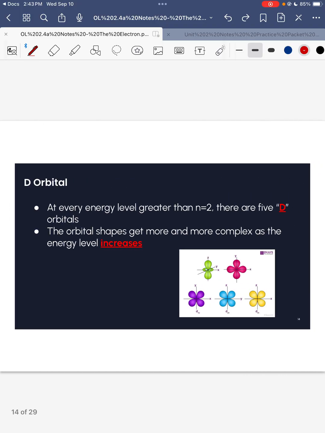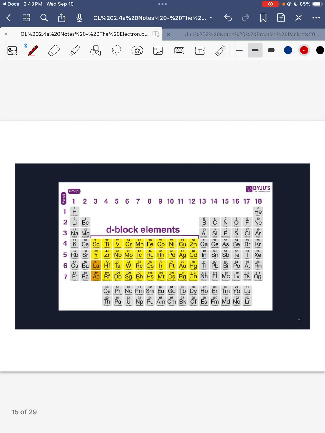Next, we have the d orbitals, and this is where we start to get a little complicated. At energy level greater than 2, there are 5 d orbitals, and these orbital shapes get a little crazy as the energy level increases. The d orbital is a double dumbbell, looking like these guys here in this picture. The d block is our transition metals.